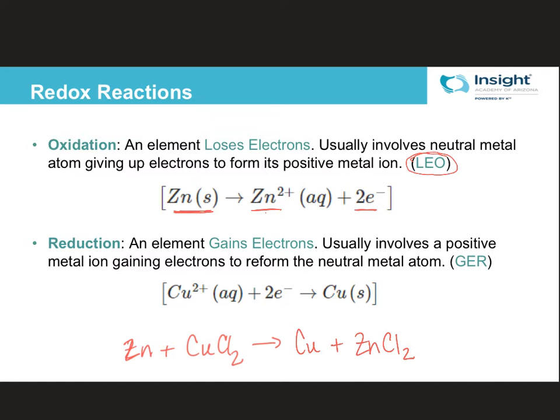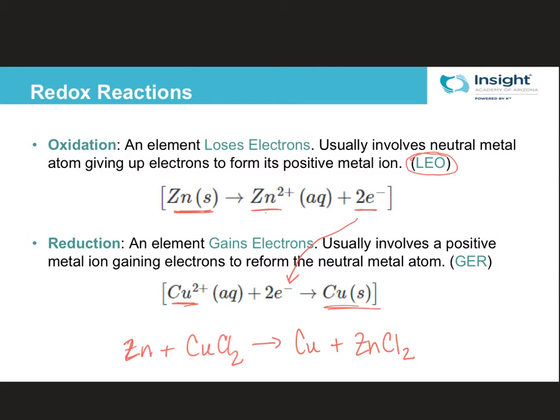The other metal element in this single displacement reaction is going through what we call reduction. And that element is gaining the electrons that zinc lost. So copper went from being an ion. It picked up these electrons that zinc gave up and became copper solid.